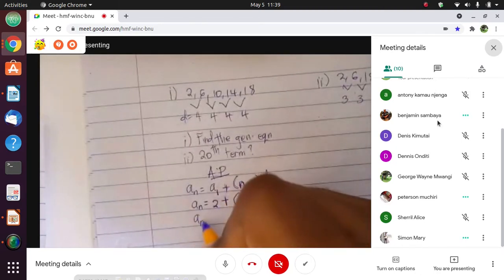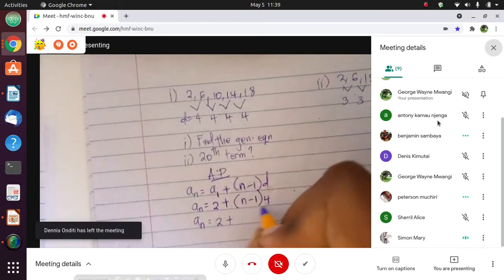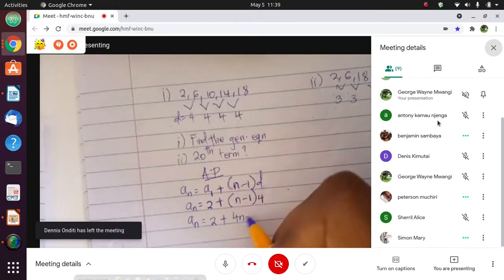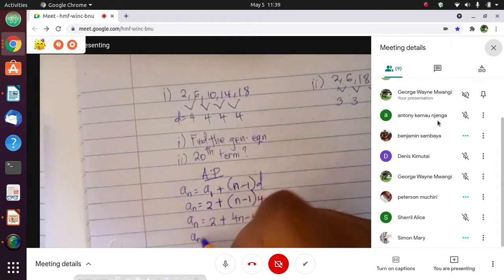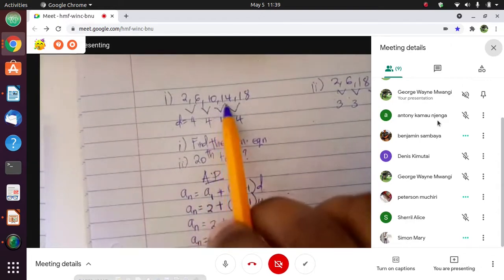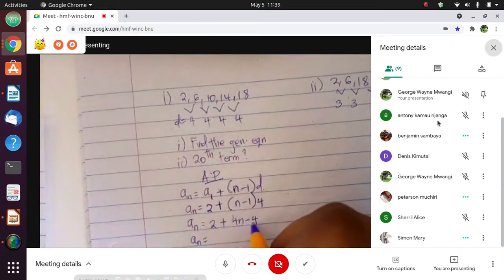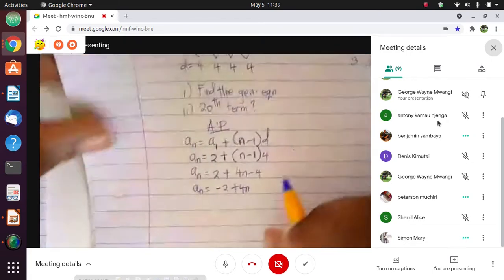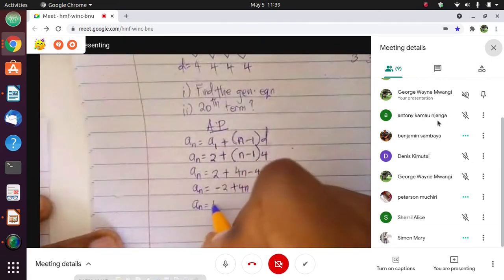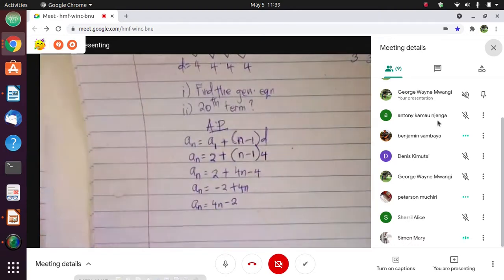Therefore, an will be 2 plus, we open that bracket, 4n minus 4. Therefore, the general equation of this sequence is 2 minus 4, which is minus 2, plus 4n. Let me rewrite it as 4n minus 2. Are we together?